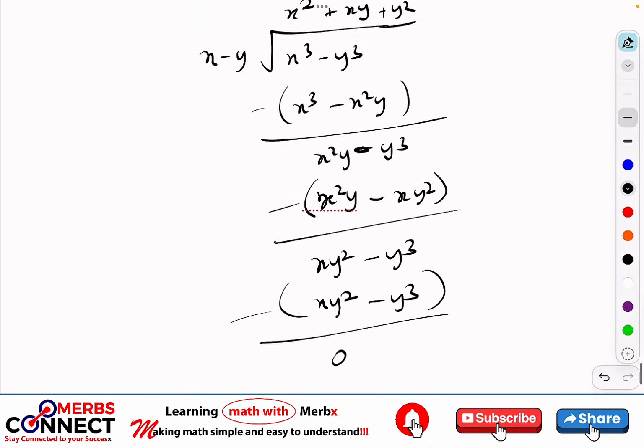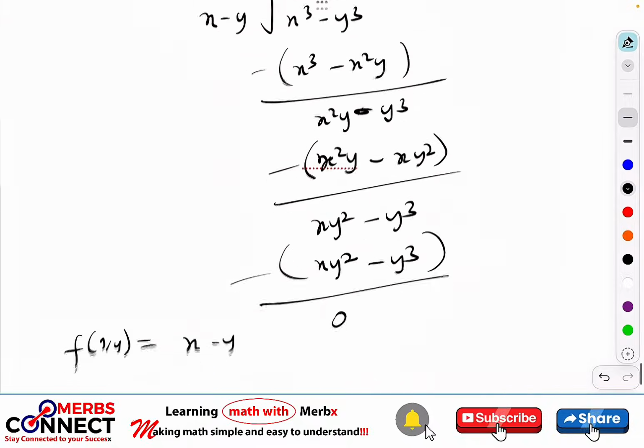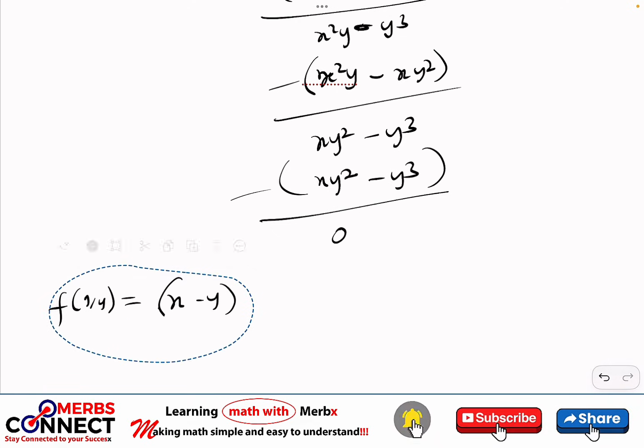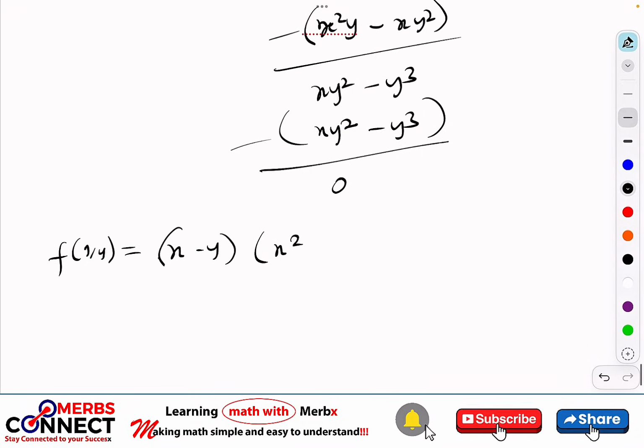So we can write f of x, y as x minus y, right, times, bring this one down small, times x squared plus xy plus y squared.